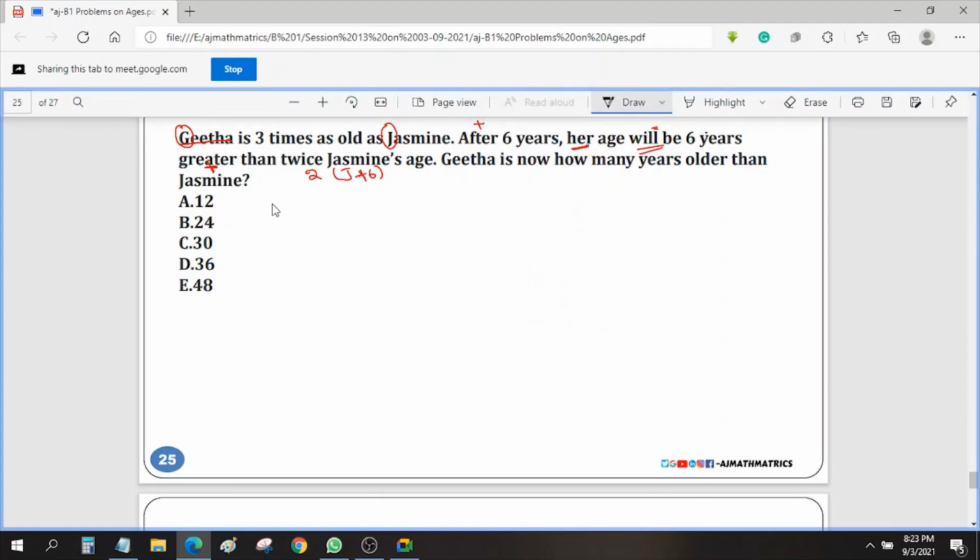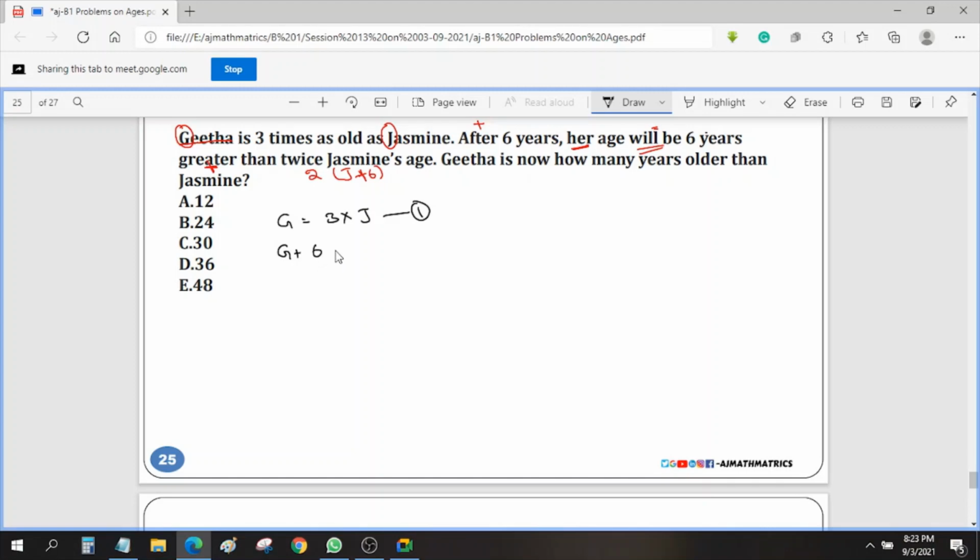So I am taking G as Geeta's present age. G equals 3 times Jasmine's age. This is talking about present ages. So the first equation: after 6 years, her age, meaning Geeta's age, is G plus 6.